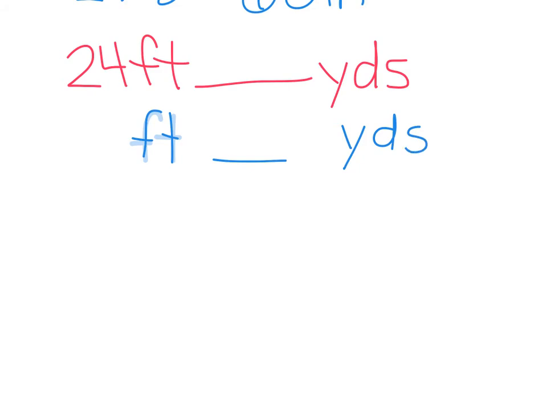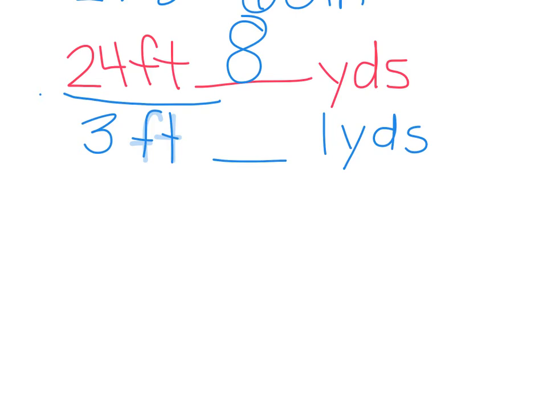Well, how many feet are in 1 yard? 3 feet. 3 feet equals 1 yard. All right. Well, now if I went across, would that help me at all? No. 24 times 1 is still going to give me what? 24. But if I draw my line and I say 24 divided by 3, what's my answer? 8. Who got 8 yards? Raise your hand. Excellent. That looks great.